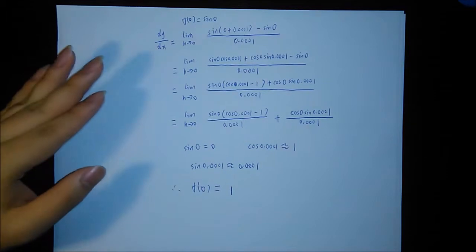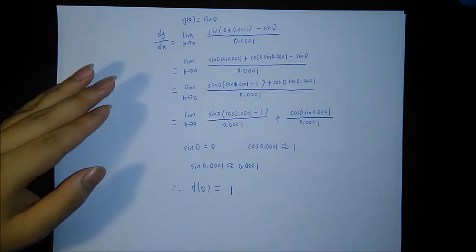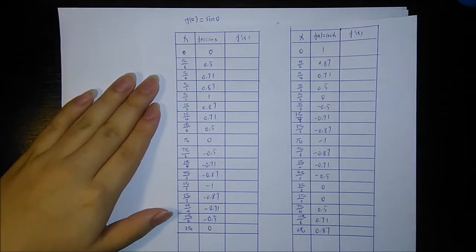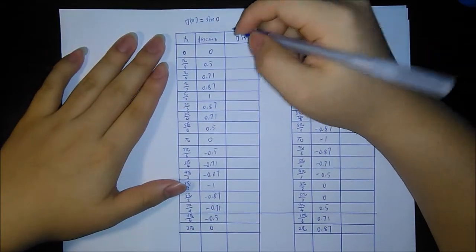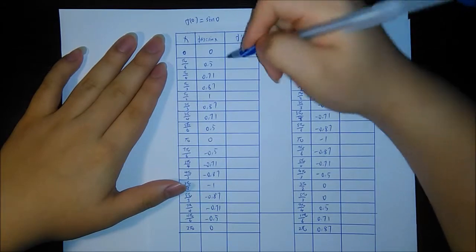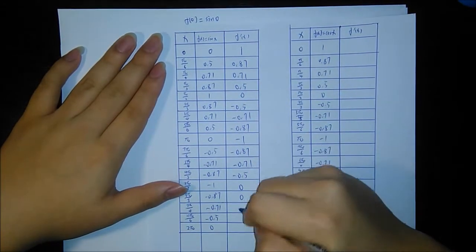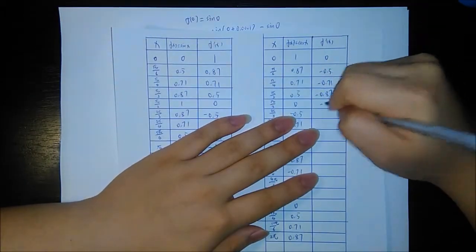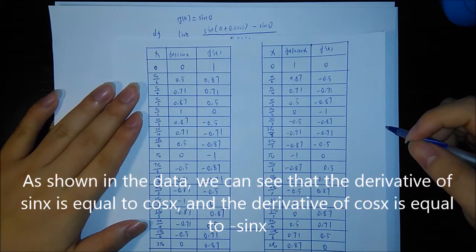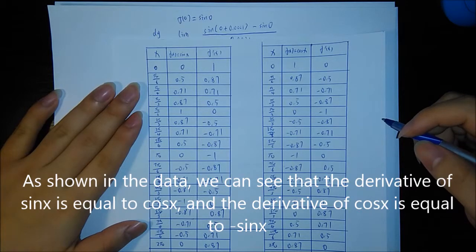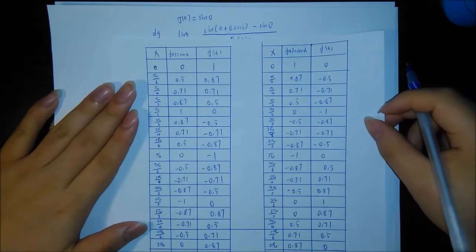So we can see that the derivative of sine x is equal to cosine x, and the derivative of cosine x is equal to negative sine x.